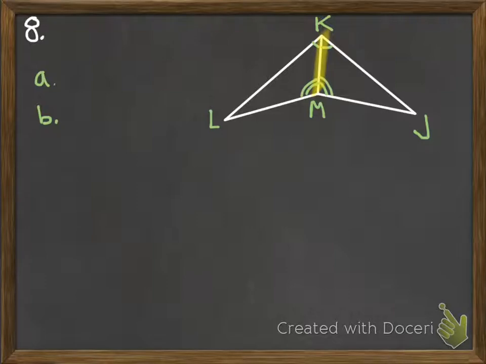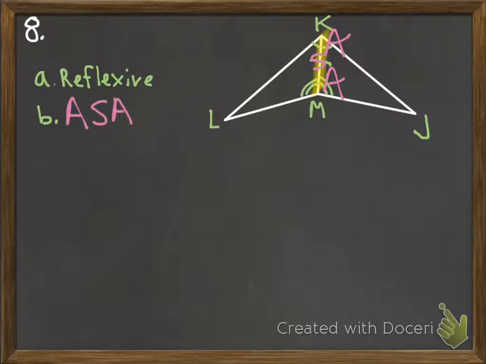And the reason we would know that is because of the reflexive property. So now that we know that segment is congruent, we have an angle, a side in the middle, and an angle. So we would say they are congruent based on angle, side, angle.